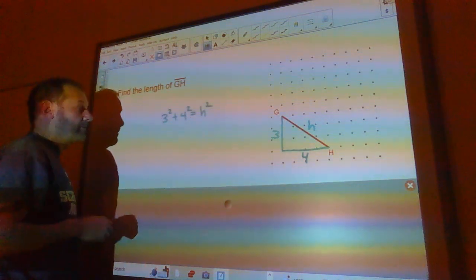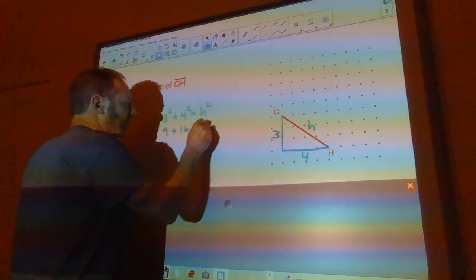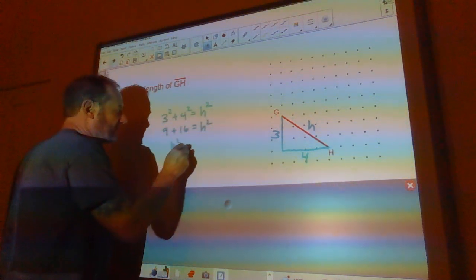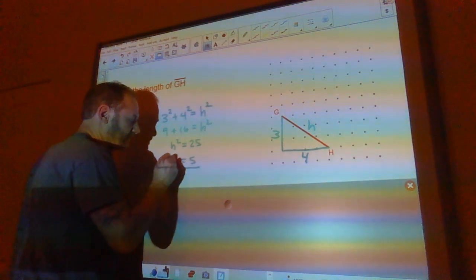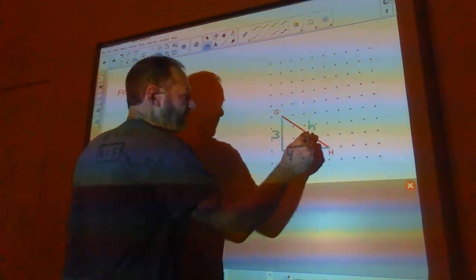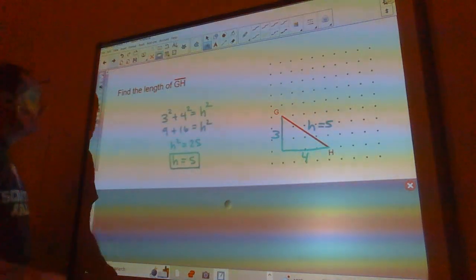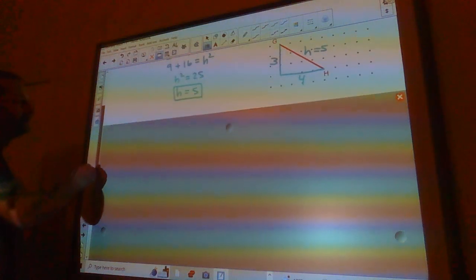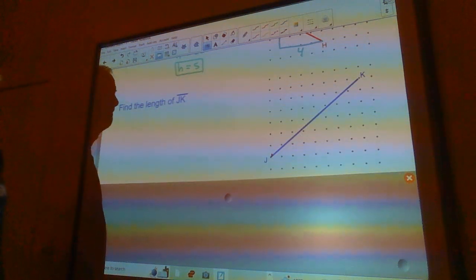You might have this one memorized already and know what it is. This is 9 plus 16 is H squared, which means H squared is 25, which means H is 5. That's the 3, 4, 5 right triangle right there. Okay, so that's easy enough. Okay, give that one a try.